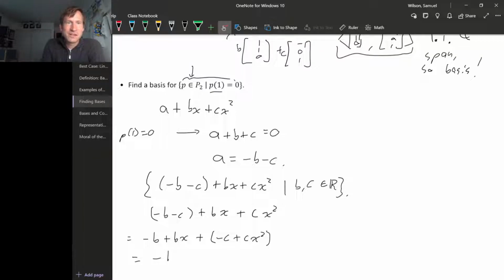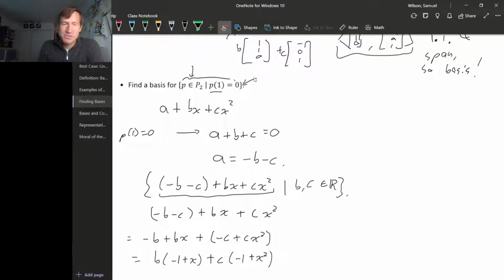So there's b times (minus 1 plus x) plus c times (minus 1 plus x squared). Okay, so now what we've shown is that every polynomial of this form, so every polynomial in our subspace, is a linear combination of these two. So that means this subspace is actually the span of minus 1 plus x and minus 1 plus x squared.